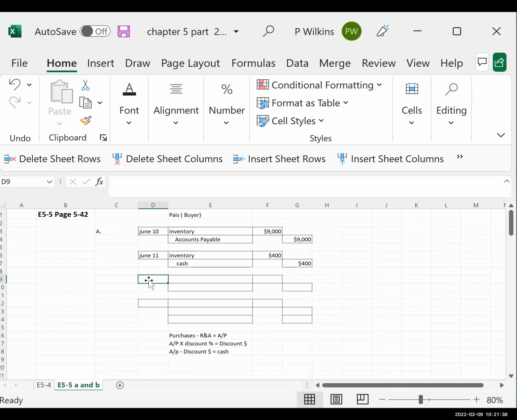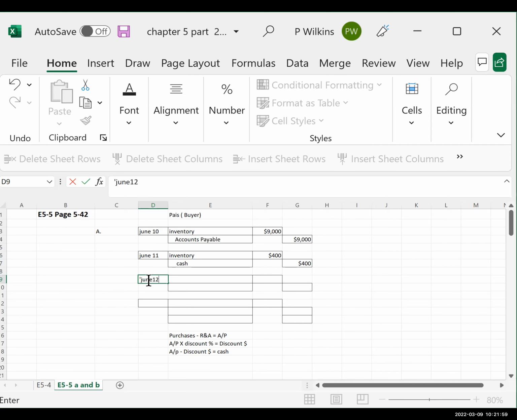We go back to the paragraph and it says goods totaling $600 are returned to MacGyver for credit on June 12th. So we as the buyer are returning goods. When we're returning goods, we need our accounts payable to go down and our inventory to go down, so we have to do the opposite of the regular balance.